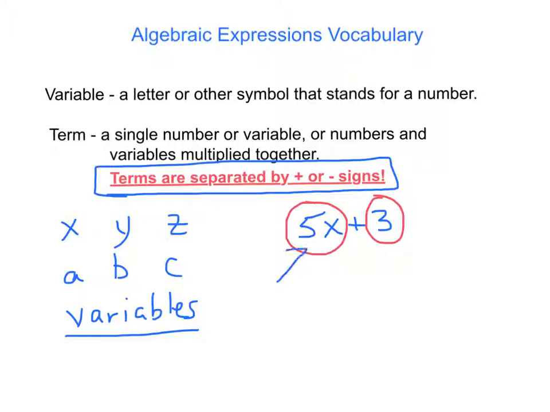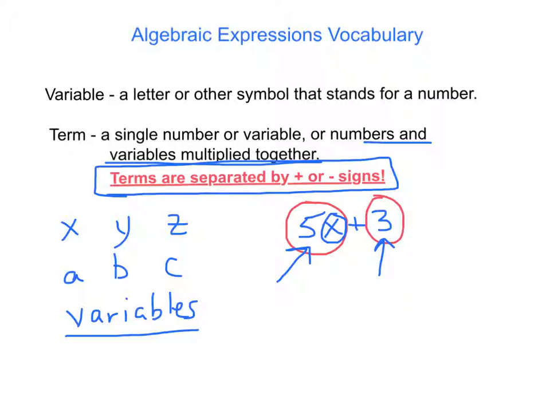In the term 5x, I actually also have a variable x, because a term can be numbers and variables multiplied together. So I have 5 multiplied by x, but together that makes up a term. A term can also be a single number, so the number 3 is also a term.